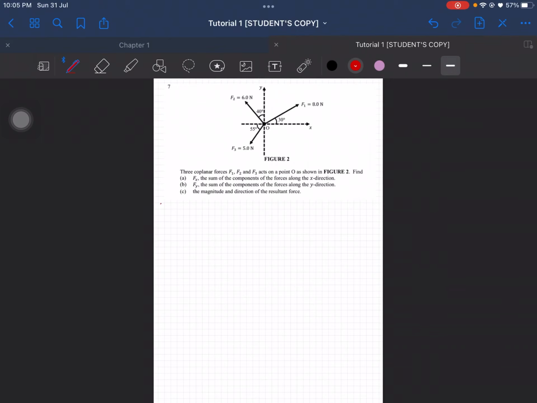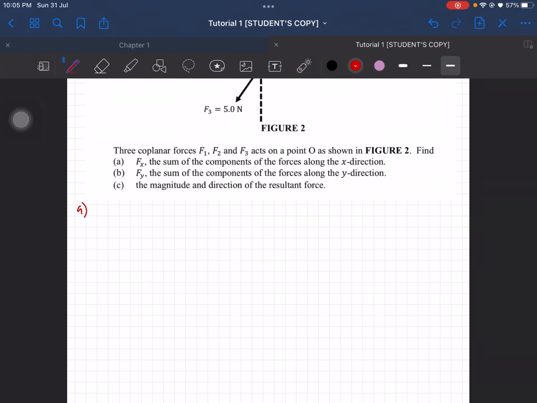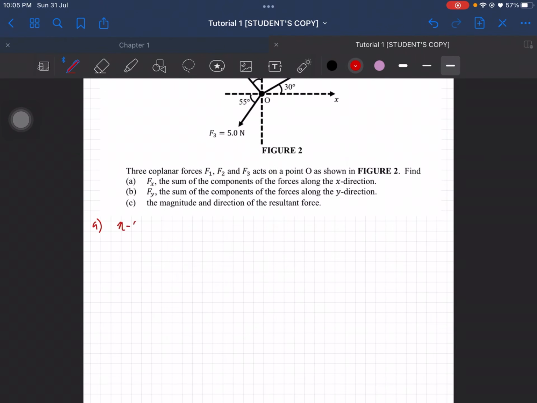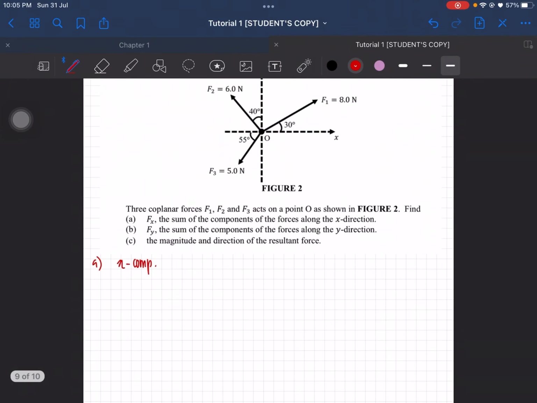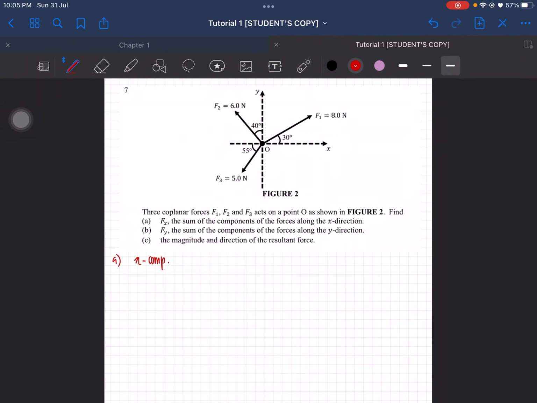Okay, so question A. We are looking for the x component, right? If you prefer doing it in a table, you can do it in a table. If you don't, you can just do it as how I'm doing it now. So for force 1, the x component is equal to F1 cos 30 degree.